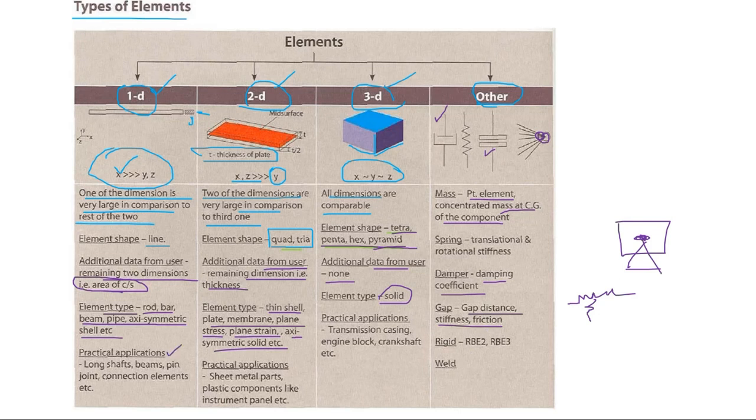Practical applications: long shafts, beams, pin joints, connection elements, etc. A practical application of the shell is sheet metal, plastic components like the instrument panel. Here the practical applications are transmission casing, engine block, crankshaft, whatever, where all dimensions are comparable. Then we go for the 3D element. Rigid elements and weld elements and all we can use with this kind of special elements.